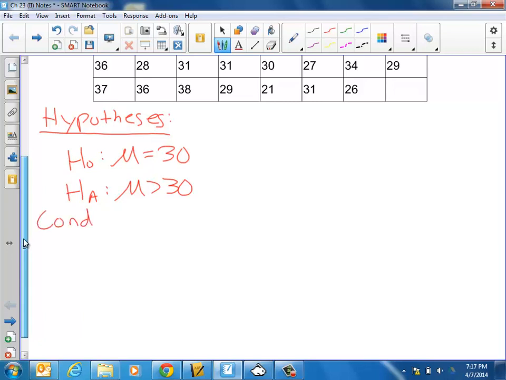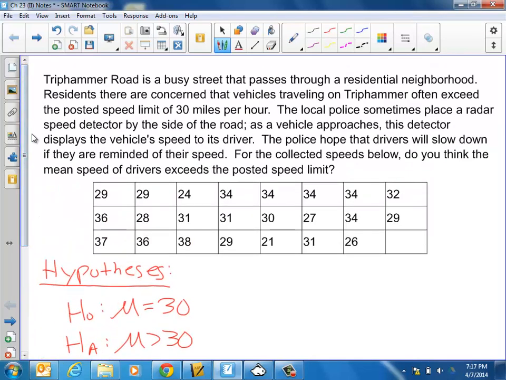Now let's go to the conditions, which for a hypothesis test for a mean do not vary from a confidence interval for a mean. So first we check randomization. Is the data collected randomly? No, probably not.